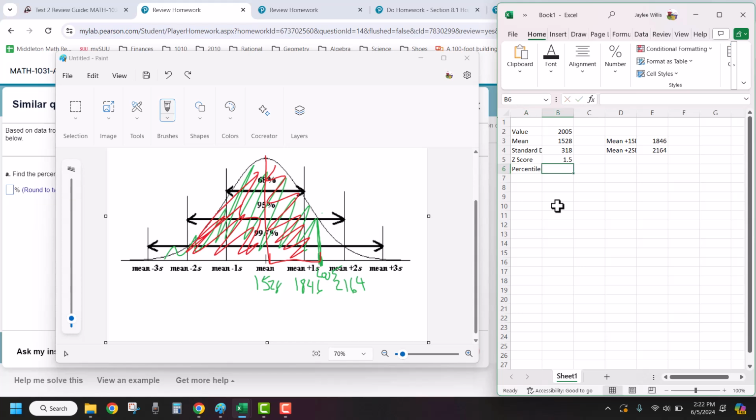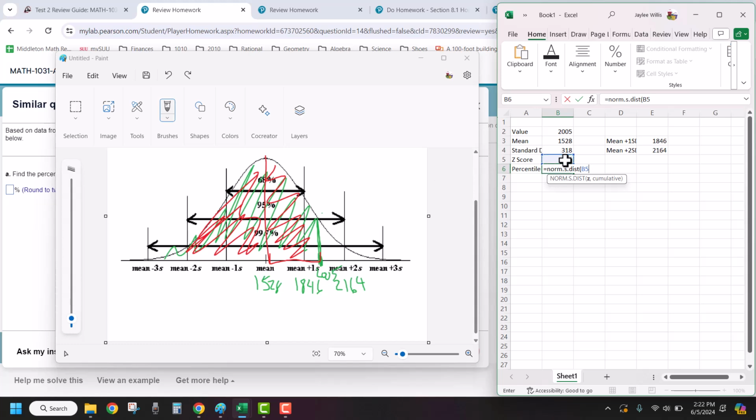So the percentile that corresponds to the z-score of 1.5 can be calculated with this formula. I'm going to type in equals, and then norm.s.dist. That's the formula that's programmed into Excel. The first thing that you need to type into the parentheses is the z-score that you've calculated.